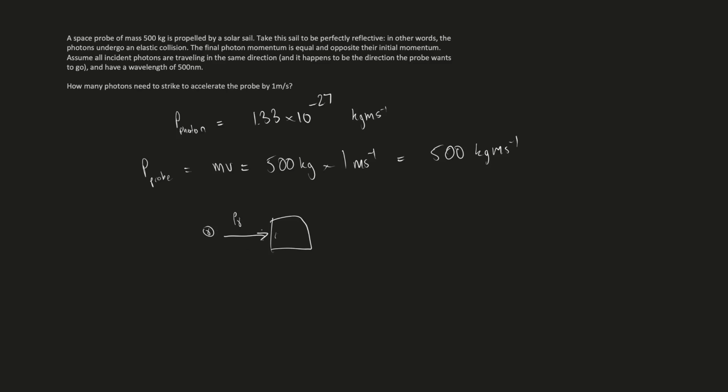So that's the original situation. Now, the final situation is that the photon has been reflected and it's transferred momentum to the probe. So the photon is now moving out this way, and because it was reflected with its exact initial momentum, it's now got minus p gamma as its momentum. So that's the photon leaving.